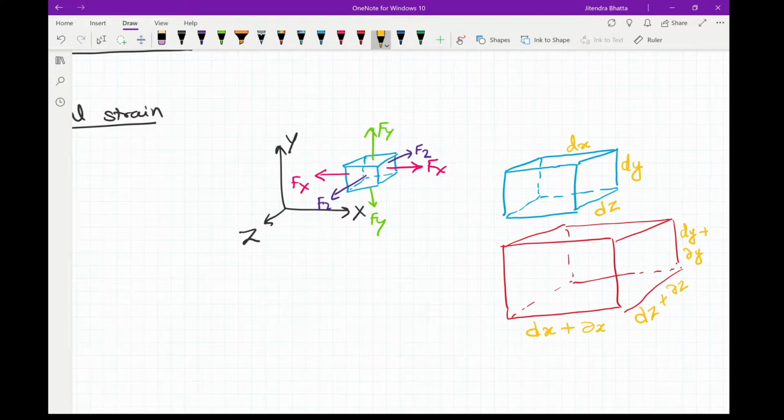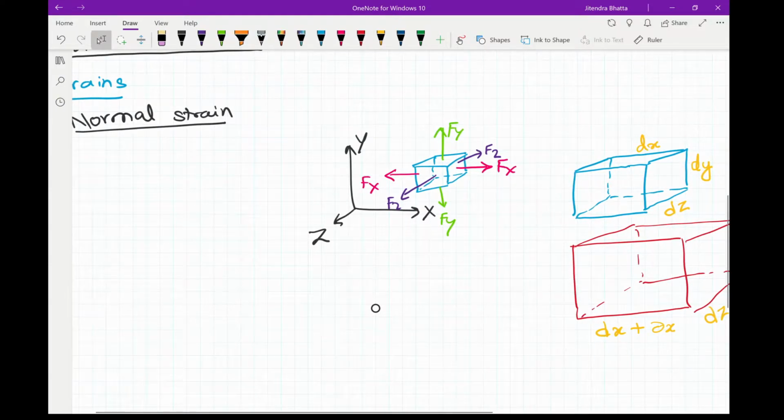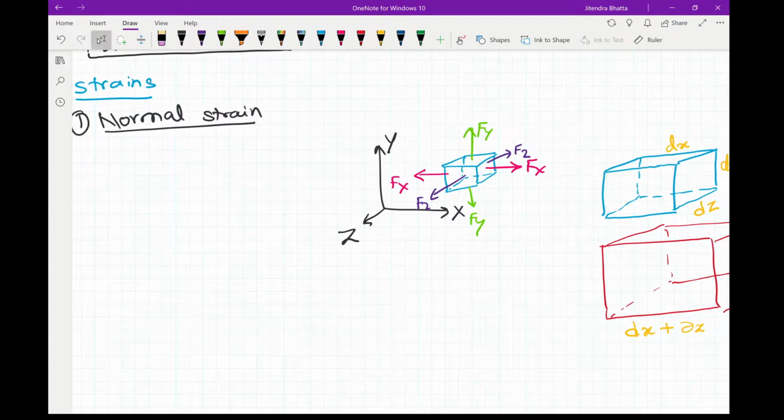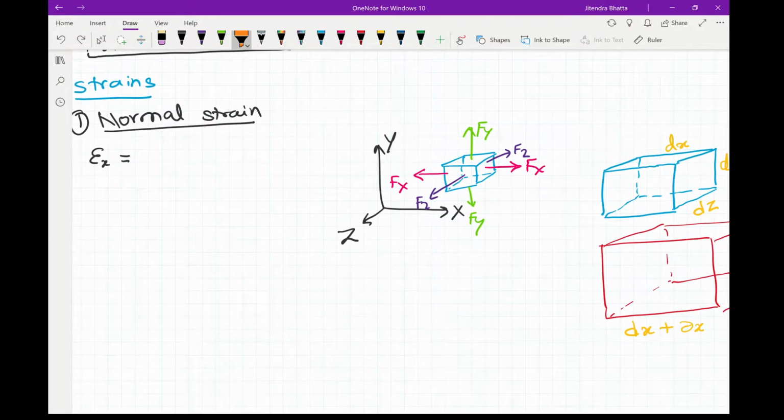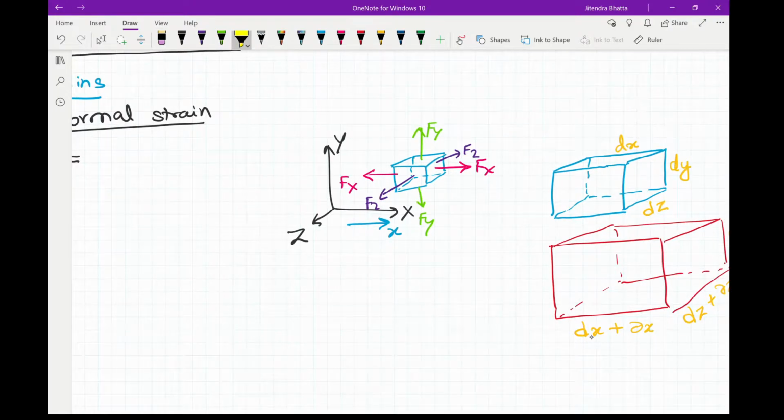As you can see here, this one will be bigger in shape than the original one, which means that there will be strains occurring in all three directions. Now the strains occurring in the direction of the force applied are known as normal strains. So our normal strain in the x direction, Ex, is given by final length minus initial length divided by initial length.